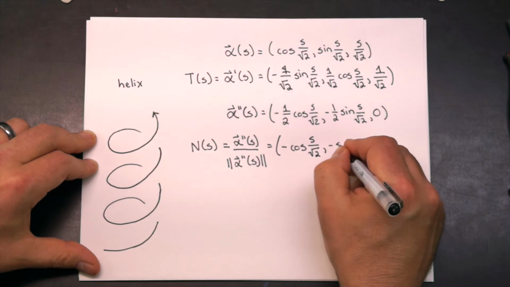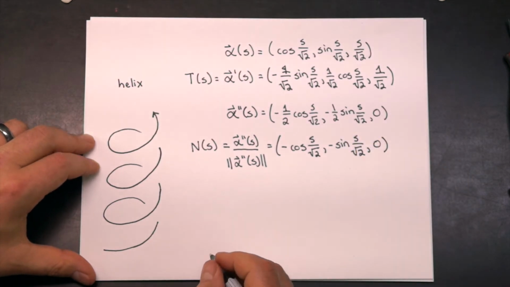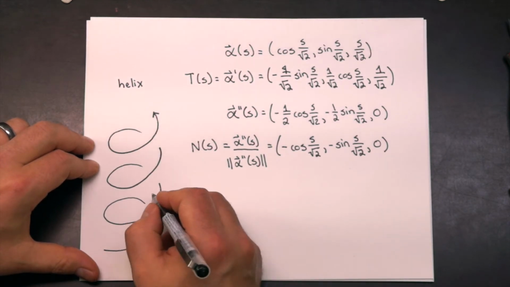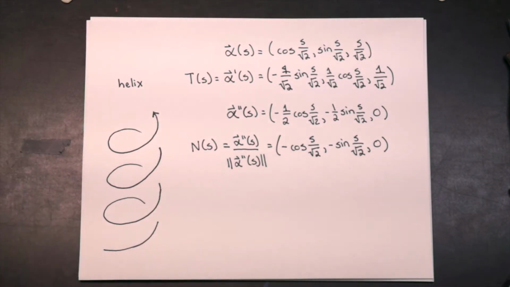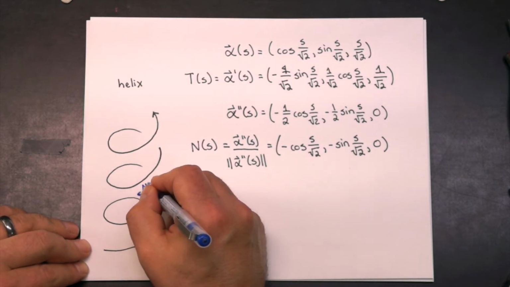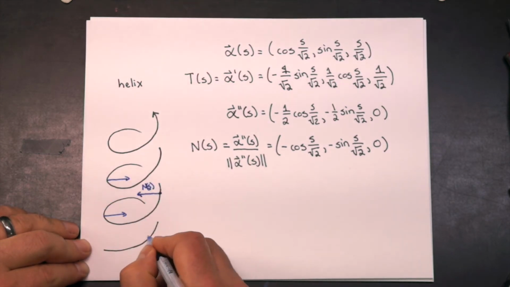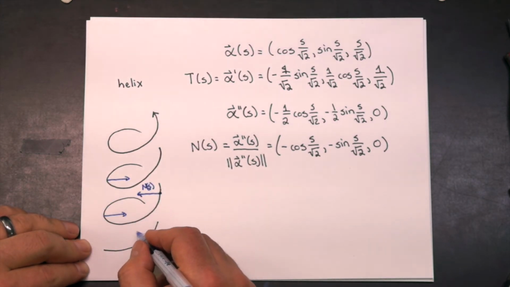It's not too hard to see that we ought to simply erase the 1/2 and get (-cos(s/√2), -sin(s/√2), 0). This vector points in towards the axis of the helix at every point along the helix.